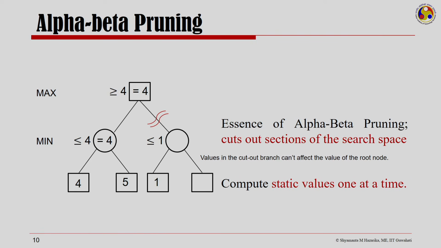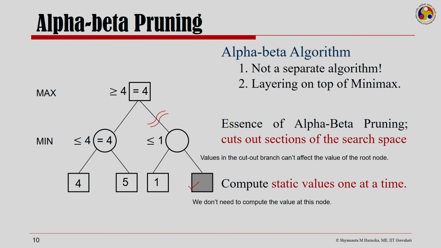So the essence of alpha beta pruning is that the cut out sections of the search space do not affect the value of the root node. And we therefore do not need to compute these values which have been cut out. Alpha beta pruning is not a separate algorithm.